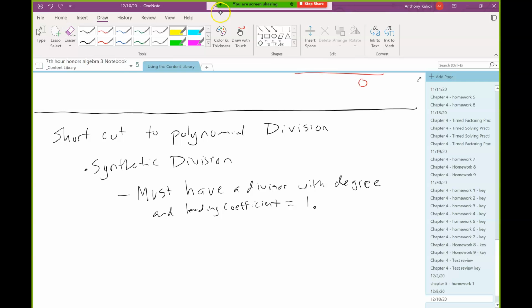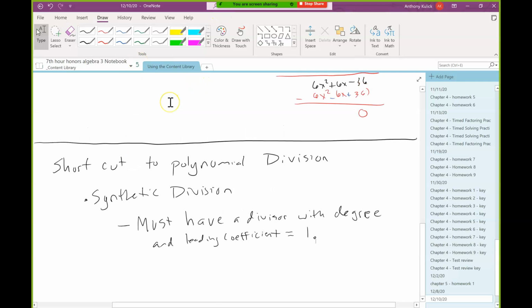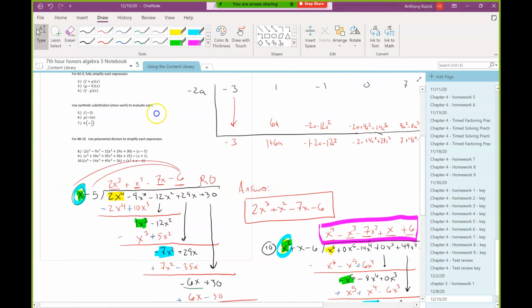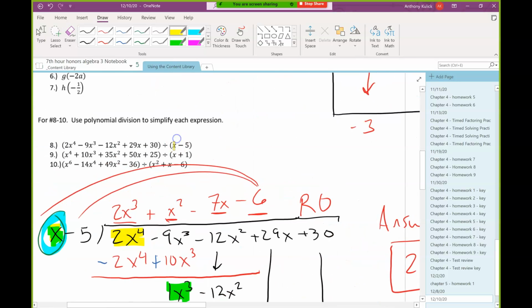So if we go back and we look at the problems in the homework that we did last night, if I look at the divisors for number 8, well, the leading coefficient is 1 and the biggest exponent is 1. So we could use synthetic division on this problem.